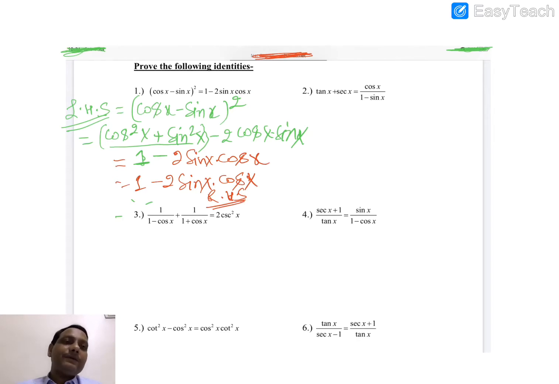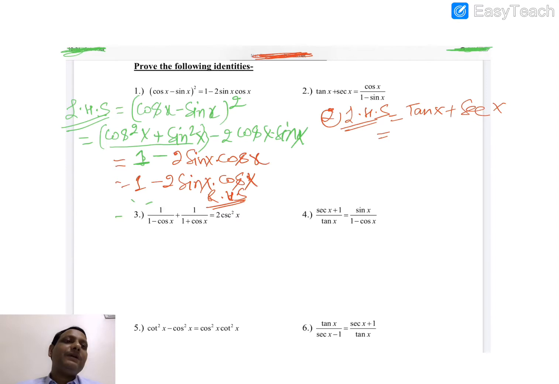Now we are going to do question number 2. Here we take the left hand side, and with the help of the left hand side we are going to get the right hand side. Left hand side is equal to tan x plus sec x.